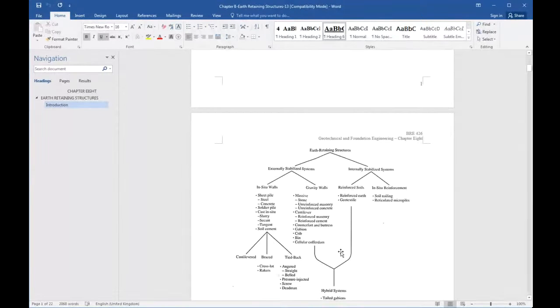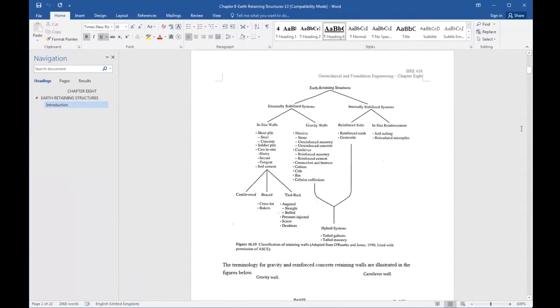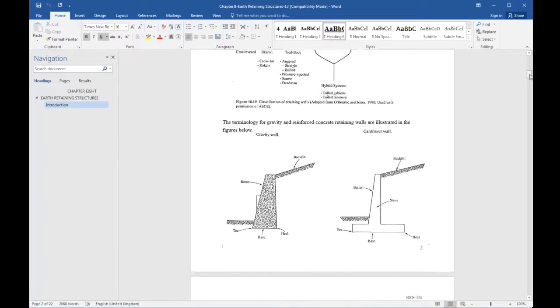Now, can you see the Chapter 8 Word file? Can you? Yes or no? Can you see the Word file? Okay.